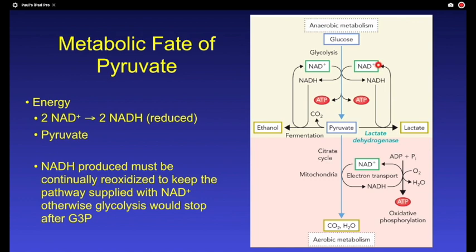Okay. Now, for this to be regenerated, the best thing to do is to take the electrons and go through the electron transport chain and make them end up in oxygen. That's the best way for this NAD+ to be regenerated to come back and do the reaction. Okay? But you can overwhelm the system and have lots of NADH produced.